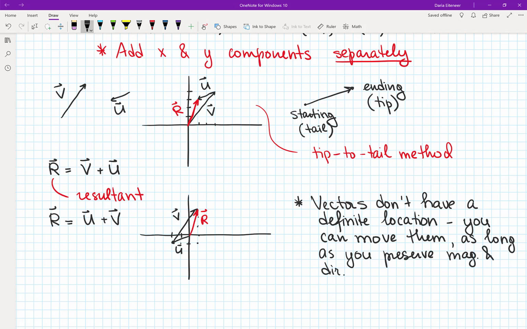Notice how magnitude and direction, you can actually measure in terms of length and angle, or you can refer to it, sort of, by those components, right? So as long as I keep counting the same number of squares each way, I will get the same result. So I can move vectors around.